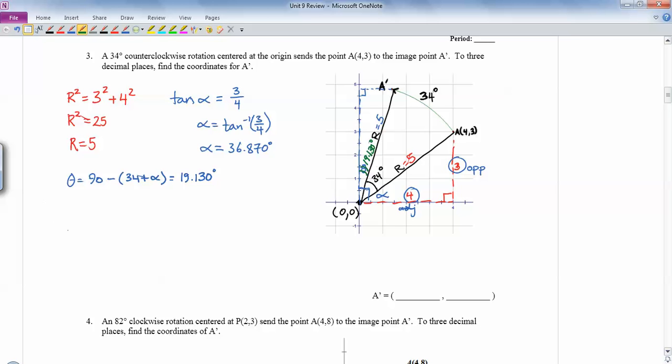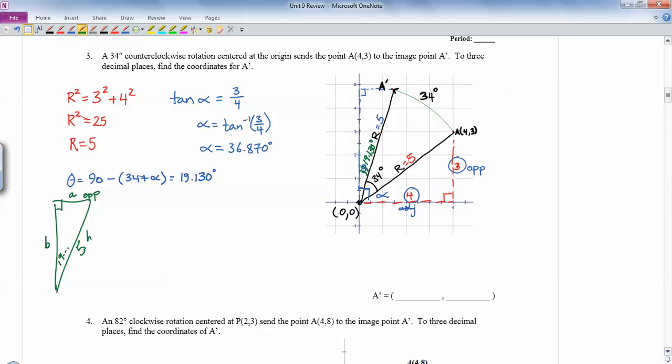So let me draw that triangle by itself, just so I have it right here. So here's the 19 point whatever, 19 degrees. We know that the radius is 5. And we need this side, I'll call that B, and this side A. So let's see, A is the opposite side.